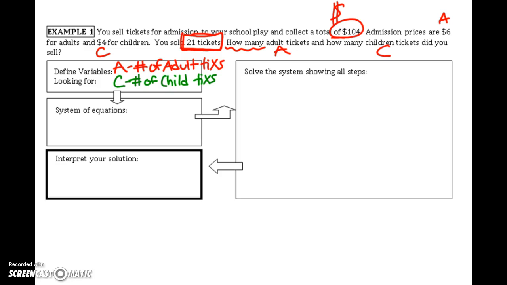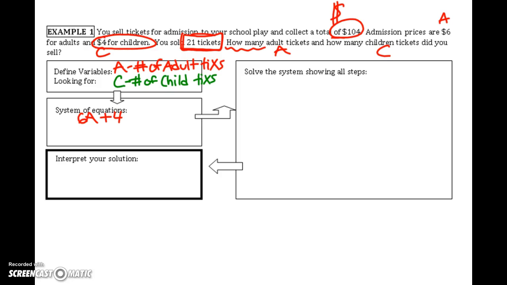So I know that each adult ticket is worth $6, so I can represent that total amount as 6 times A. That will give me the total that I collected for my adult tickets. And then if I add to that the total collected of children tickets, I know I have $4 for children tickets.